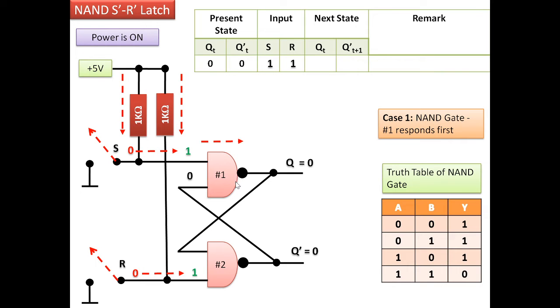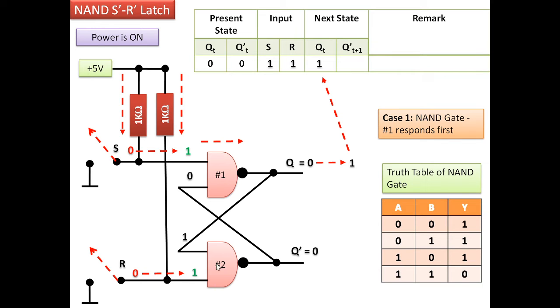The output will be determined by what is there at the input. One input is S and the other input is the other NAND gate's output, which was previously 0. So this NAND gate's output will now be 1. This 1 will now be available at the other NAND gate's input, and the other terminal, that is R, is presently having 1.